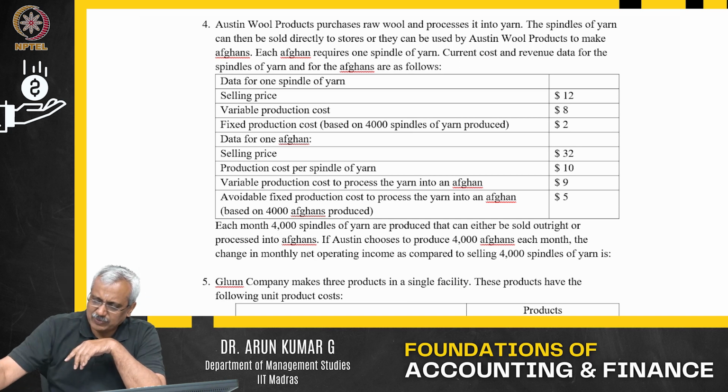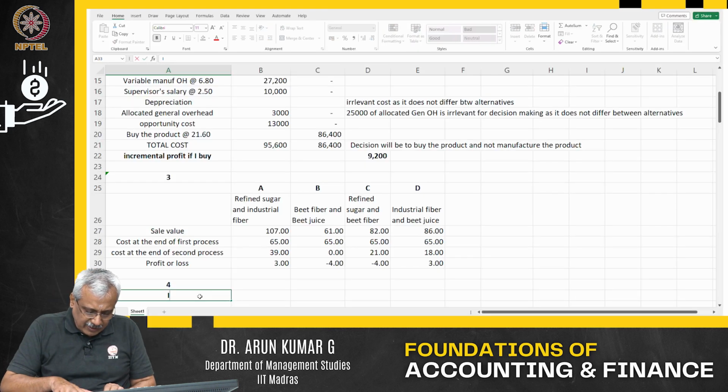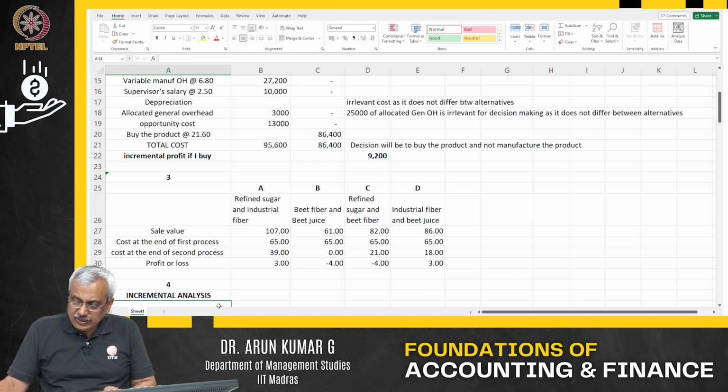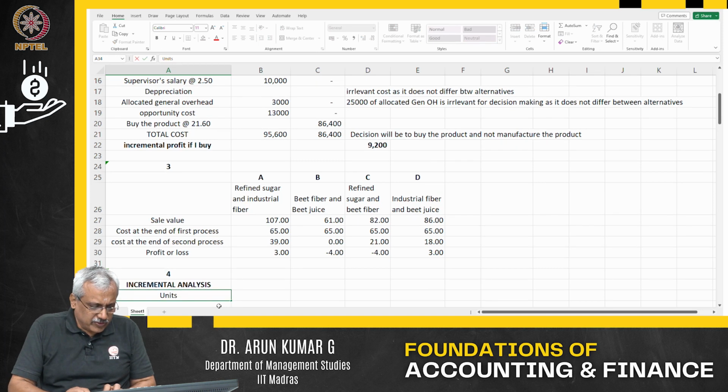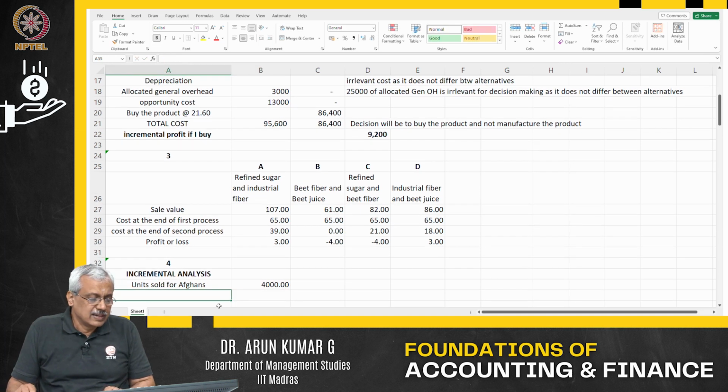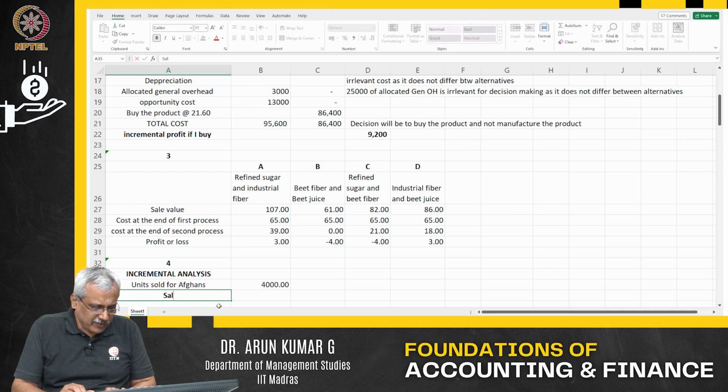Now let us take this problem. What we do is incremental analysis. Let us look at the number of units sold for afghans. It is 4,000 units that you are selling. What is the selling price per afghan?